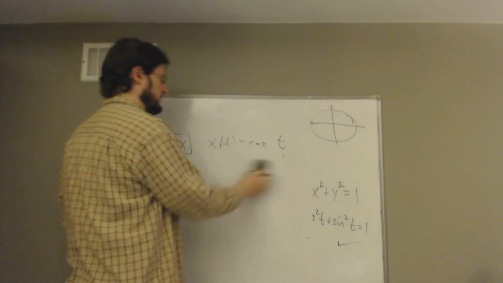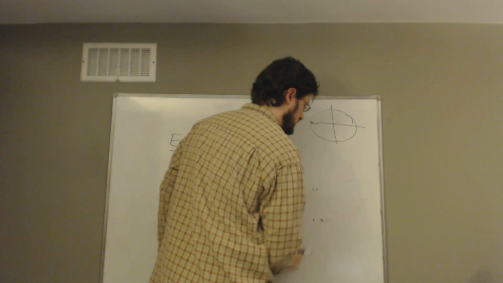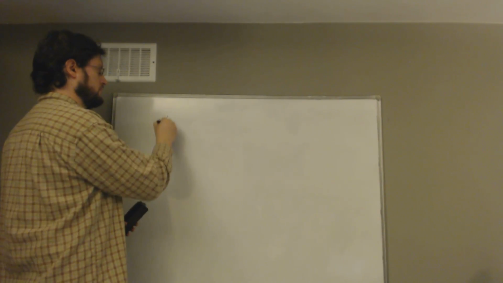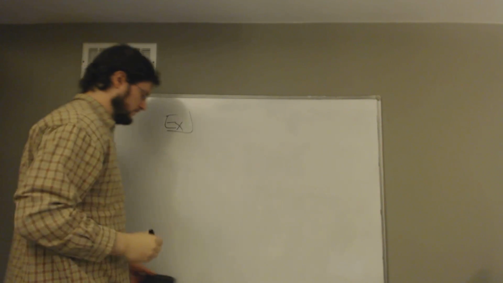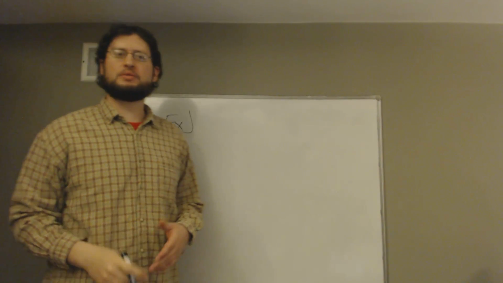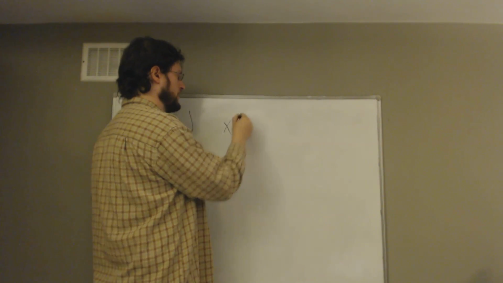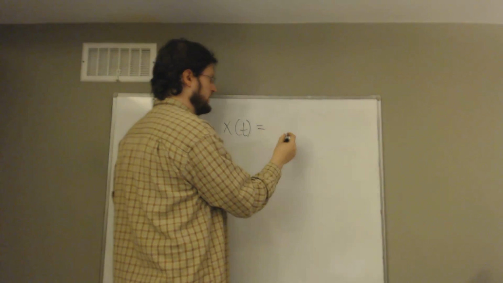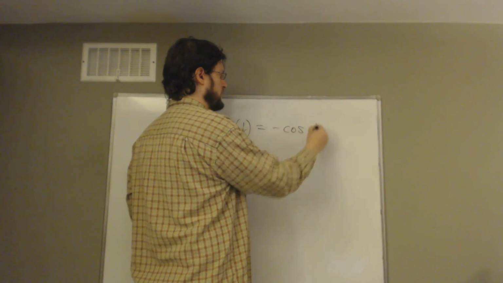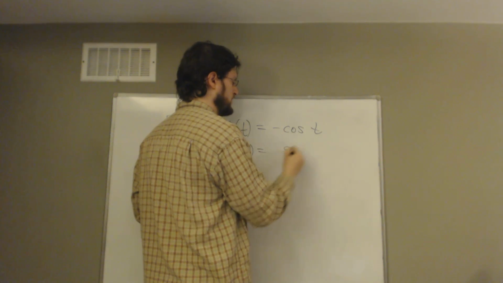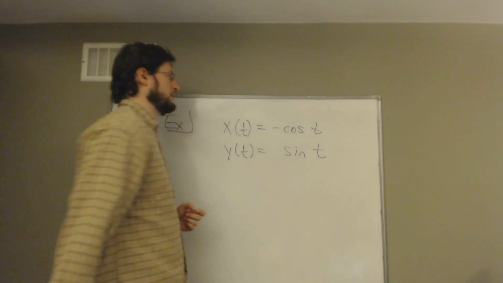Okay, let's look at another one with the circle. Suppose that we change things a little bit. Suppose that x of t instead was negative cosine t, and y of t was still positive sine t.